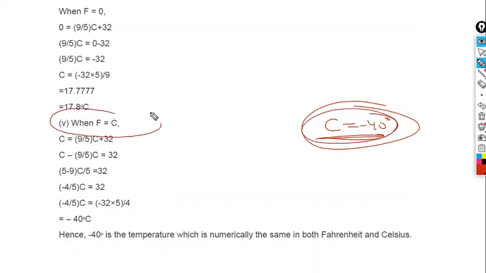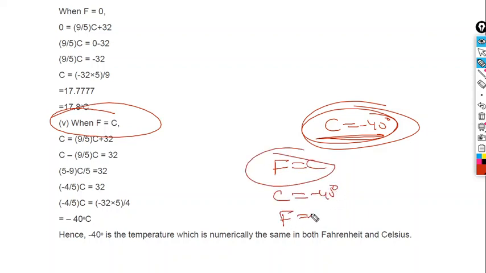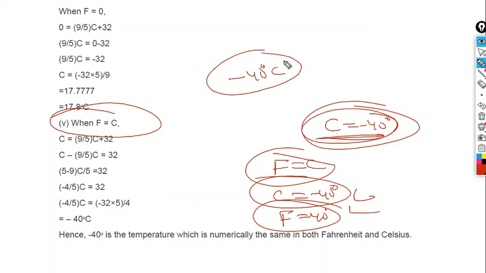What we had assumed? F equal to C. Therefore, if C equal to minus 40 degrees Celsius, F equal to minus 40 degree Fahrenheit. So the conclusion is at minus 40 degrees Celsius, the Fahrenheit and the Celsius thermometer will show the equal reading, minus 40 degrees Celsius, minus 40 degree Fahrenheit.